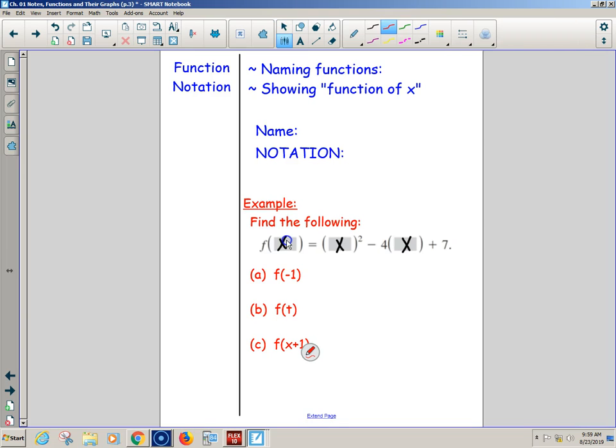F of t would just be t squared minus 4t plus 7. Because our directions are just to find f of t, and if we're given f of x, all we have to do is change the t's.